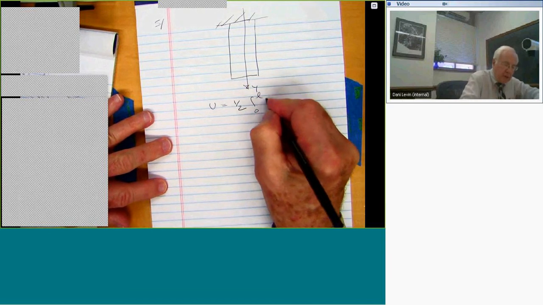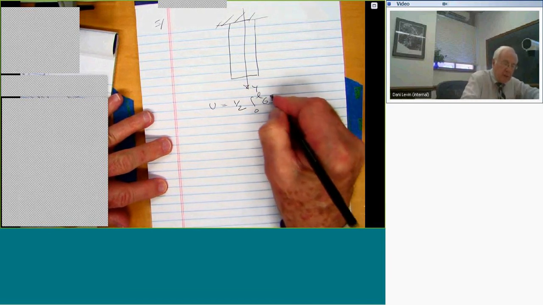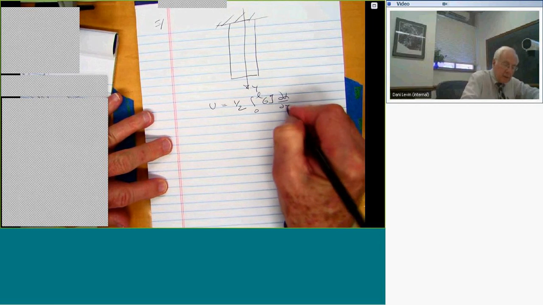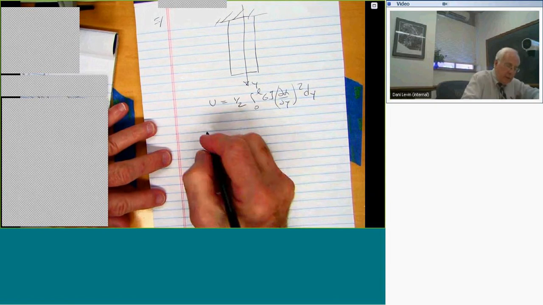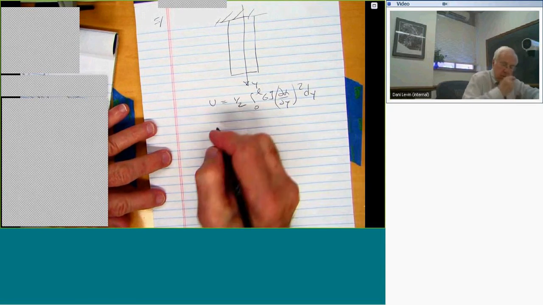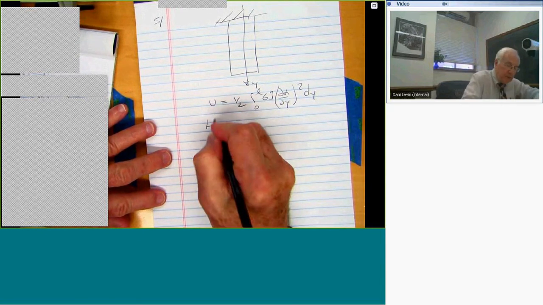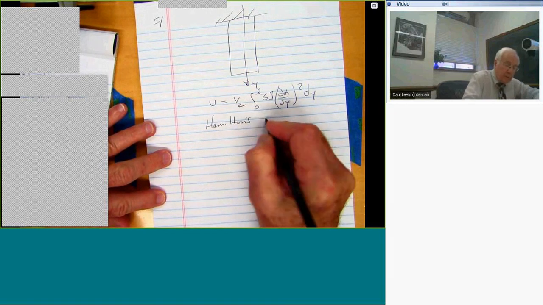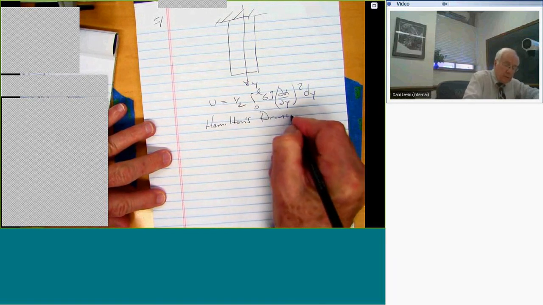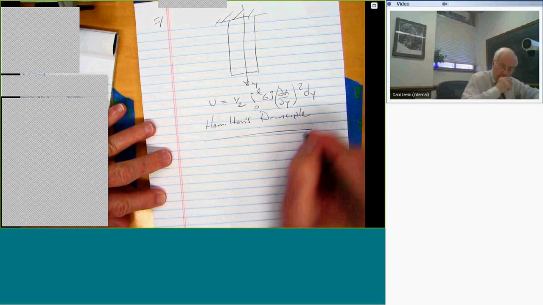So I'm just going to deal with that. We're going to use Hamilton's principle to define the boundary conditions.